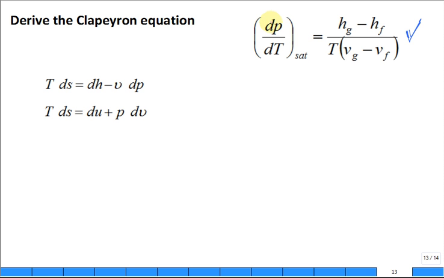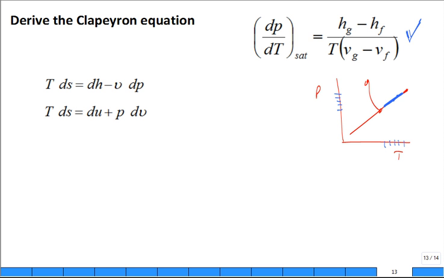What is dP/dT at saturation? So go back to our pressure-temperature diagram, like that. I could make changes in different pressures and get a sequence of different temperatures and map out this curve, those sequence of states, true?